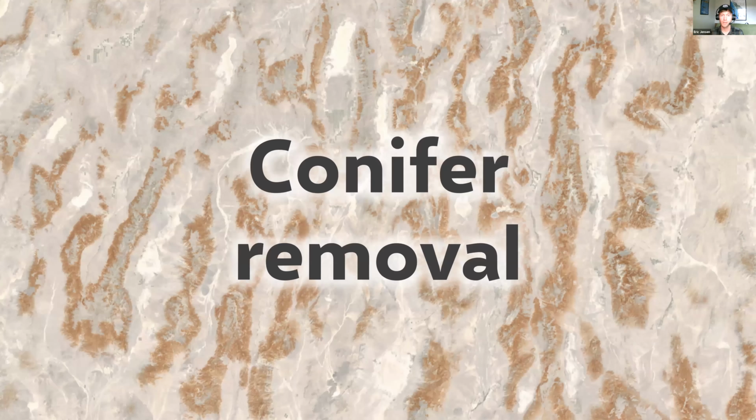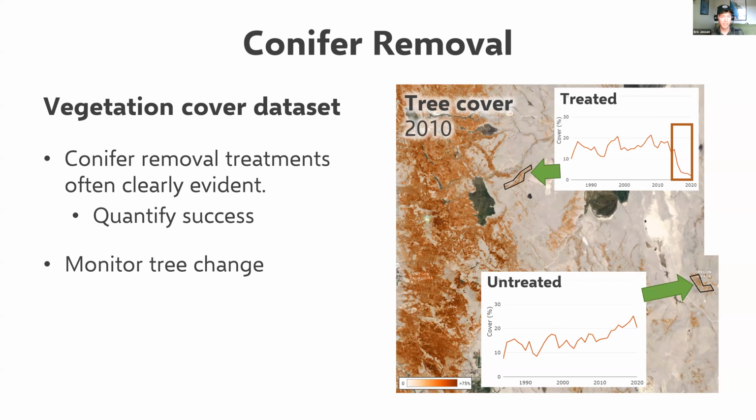In terms of conifer removal, how might you evaluate conifer change and removal using the RAP? We saw one example of how you can use the RAP to quantify success in terms of treatment. This can be another chart that you put into a report to depict what kind of change has occurred, in addition to whatever other data you might have.